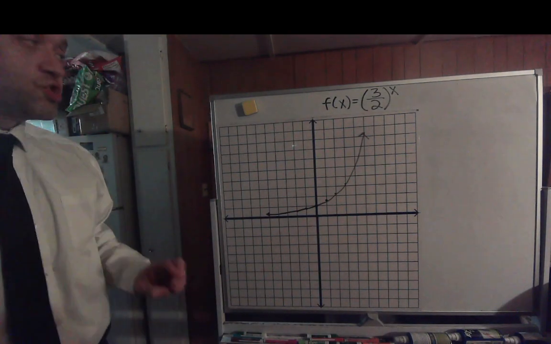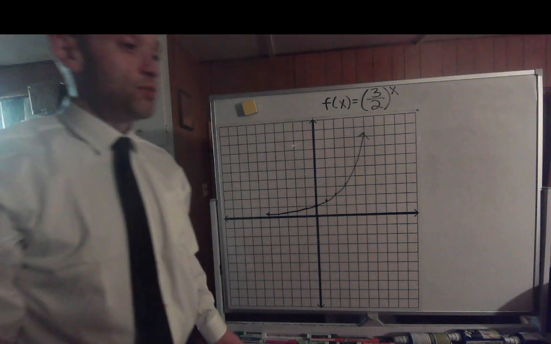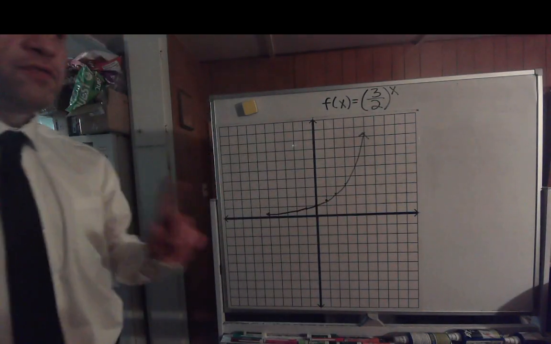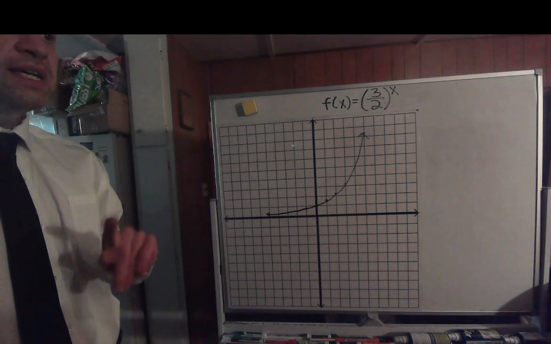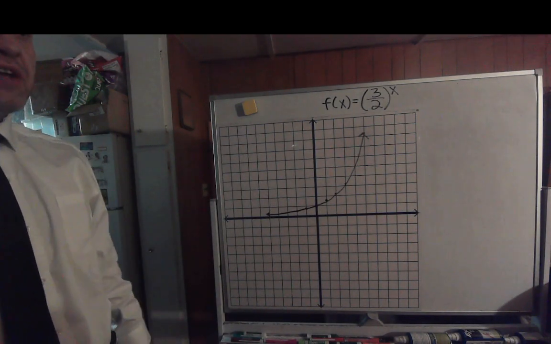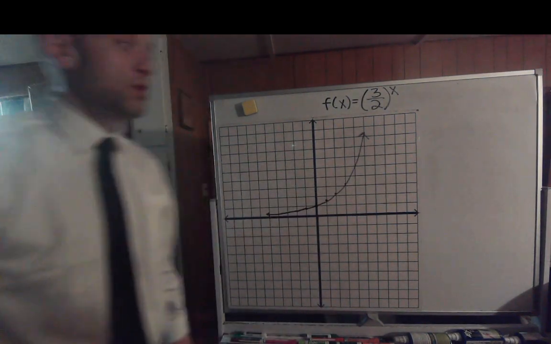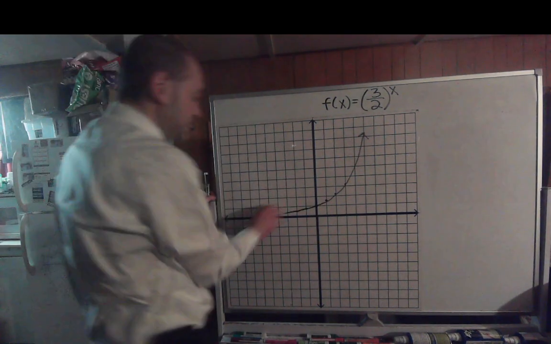So as long as your fraction is greater than 1, it'll behave as a normal base. If I have a fraction greater than 0 but less than 1, then it's going to behave as the reciprocal of that number raised to a negative power. So those are things to keep in mind.